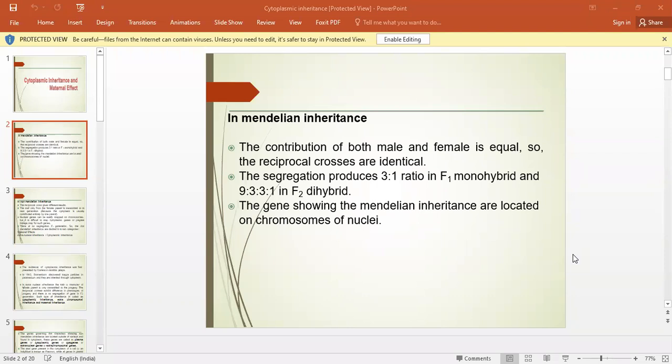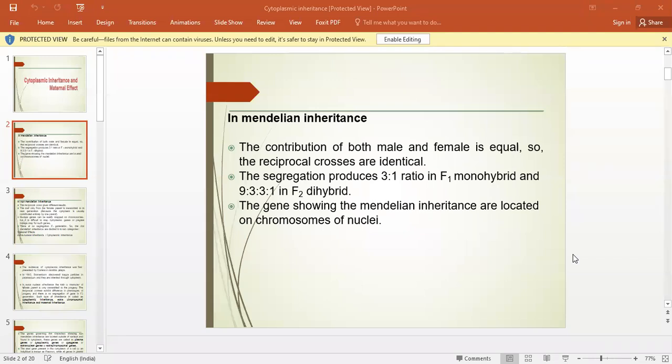In that cytoplasm, a nucleus is present, mitochondria are present, ribosomes are present, endoplasmic reticulum is present. So many organelles are present, right? So whatever the DNA or the genetic material of that cell we have seen, it is present in the nucleus, right? So the genes or the DNA present in the nucleus follow the Mendelian inheritance.